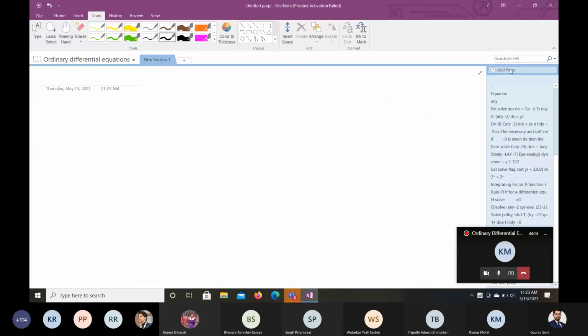Example. Find the orthogonal trajectory for r is equal to a cos theta, where a is an arbitrary constant.